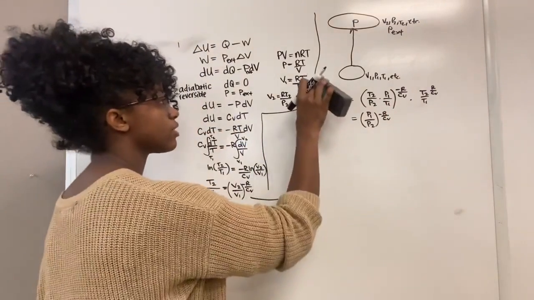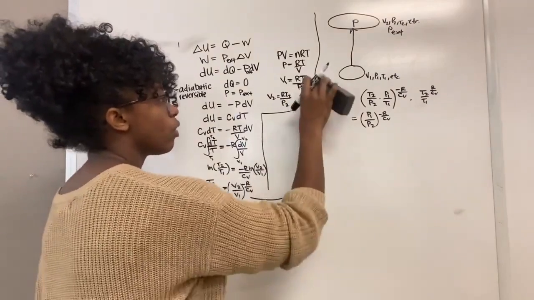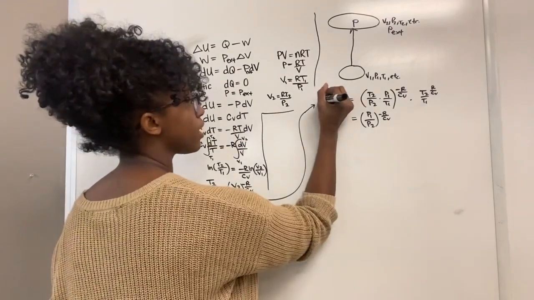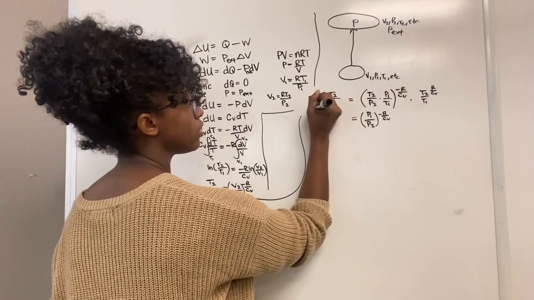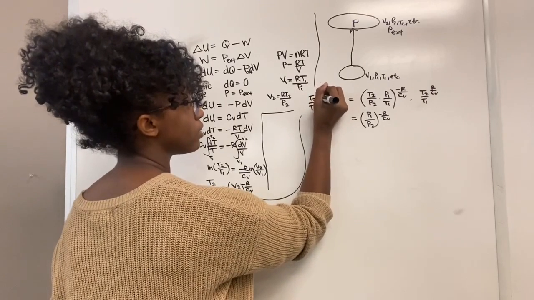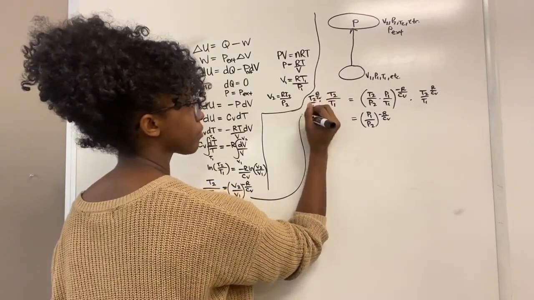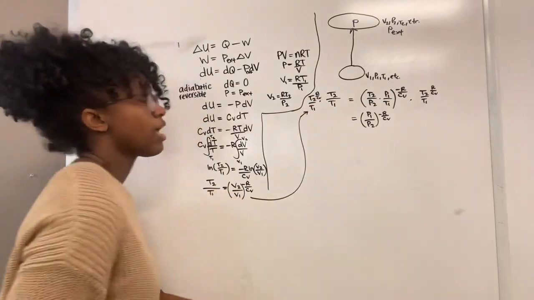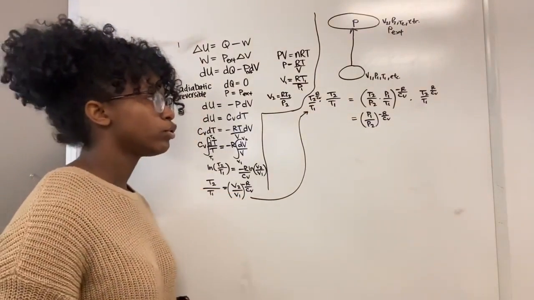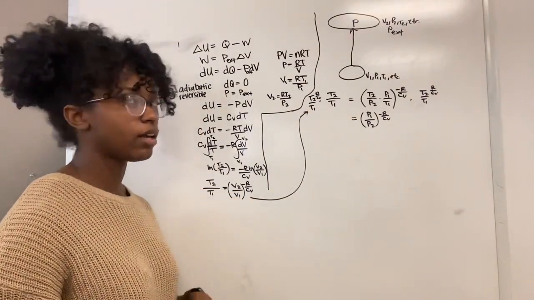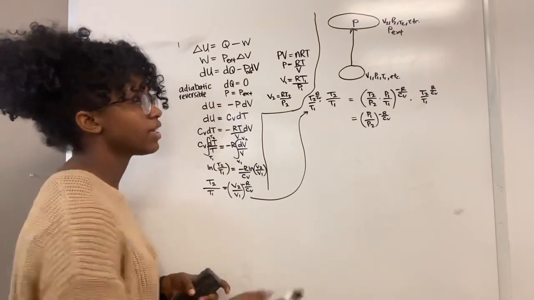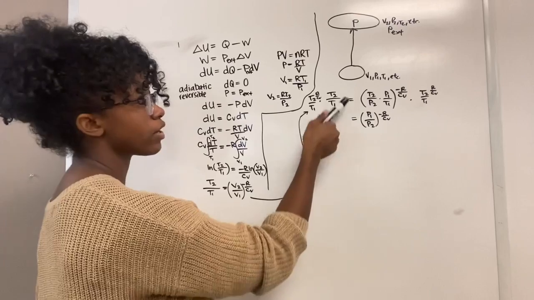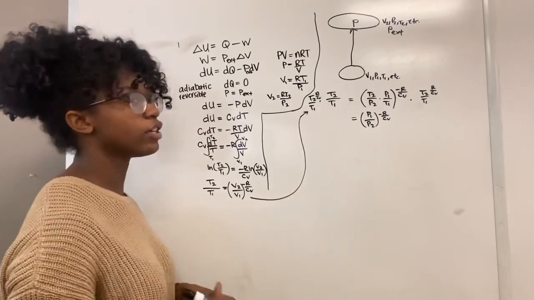As for the left-hand side, well, if we multiply this by T2 over T1 to the R divided by CV, then we're able to create a new exponent because the power for this term here is 1.